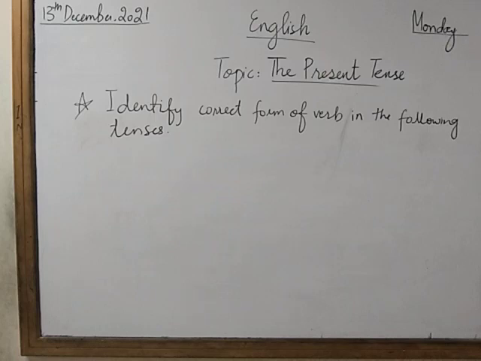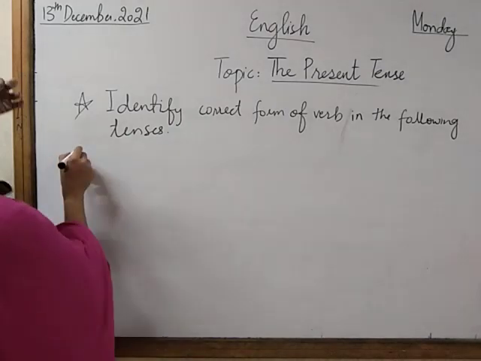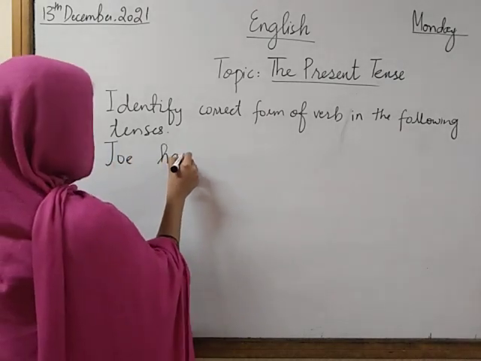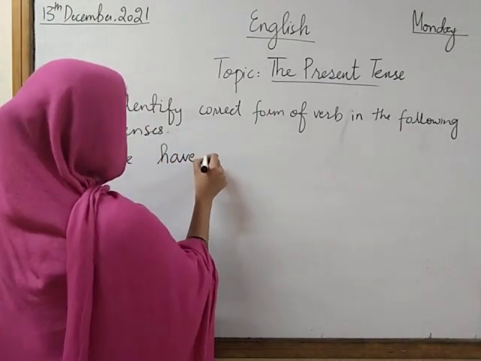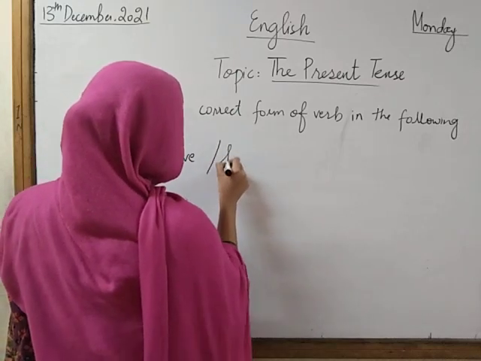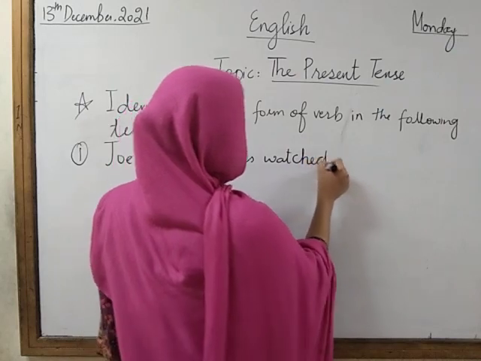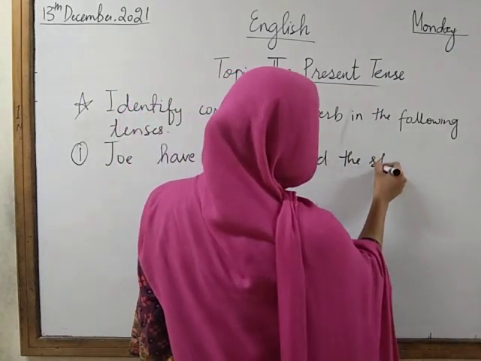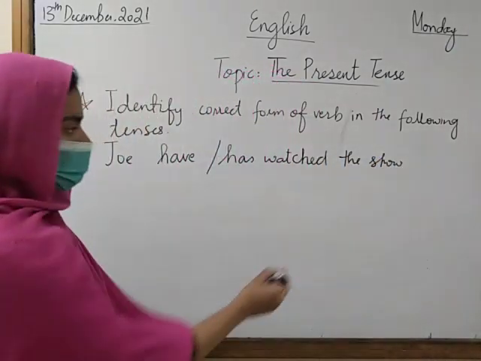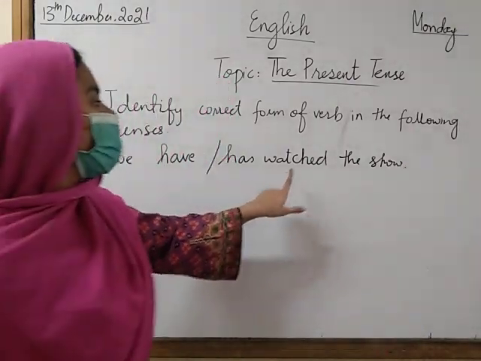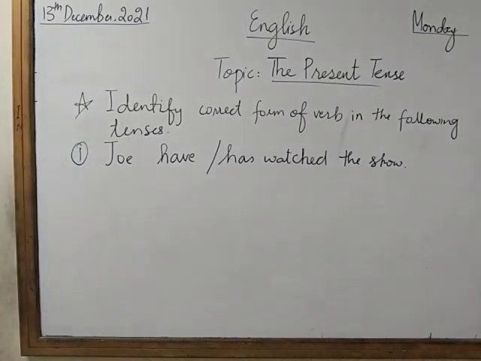Your first sentence is: Joe have watched a show. Joe has watched the show.